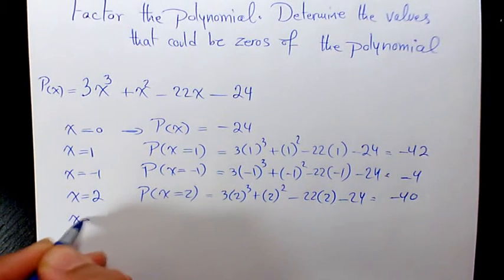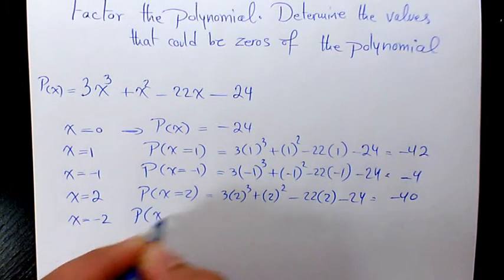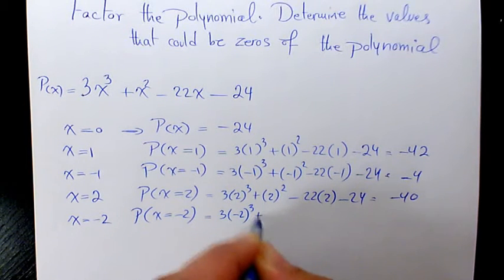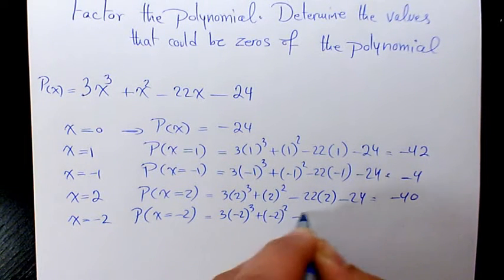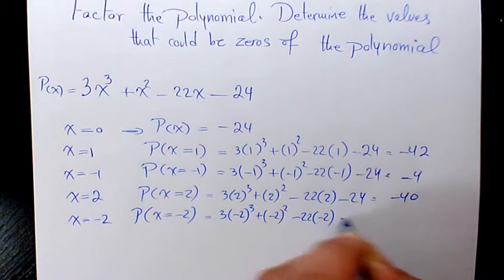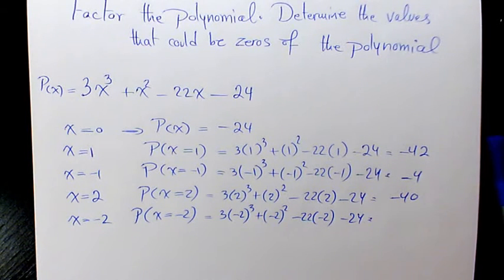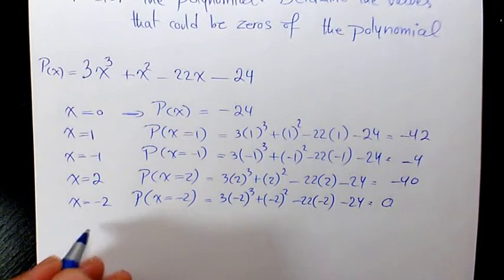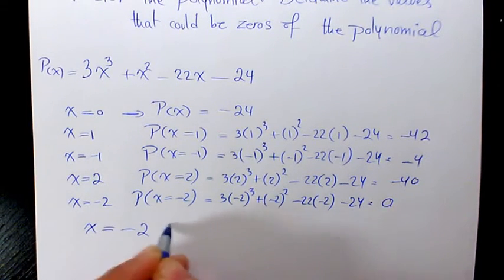What about x equals negative 2? That's going to be 3 times negative 2 cubed plus negative 2 squared minus 22 times negative 2 minus 24. It's going to be equal to 0. So x equals negative 2 is one of the zeros.